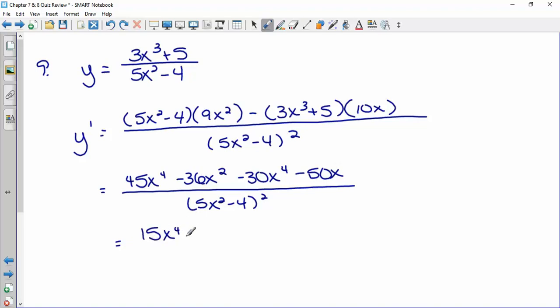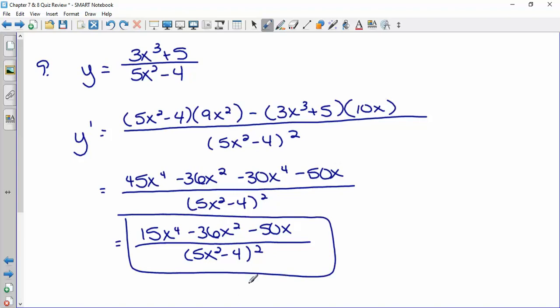Combine like terms, so that's 15x to the fourth minus 36x squared minus 50x over the 5x squared minus 4 squared. I'll do one more. How about number 8?